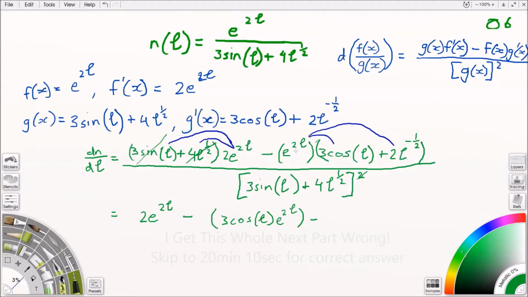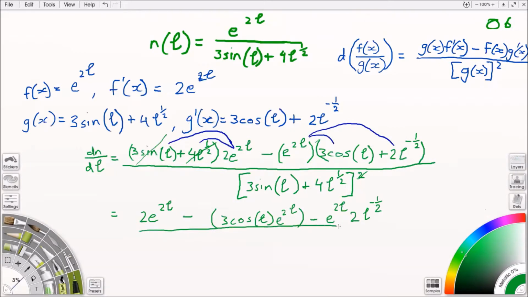So this is just some number, so timesing any other number by another negative number will make it negative. We have E to L to L negative 1/2.